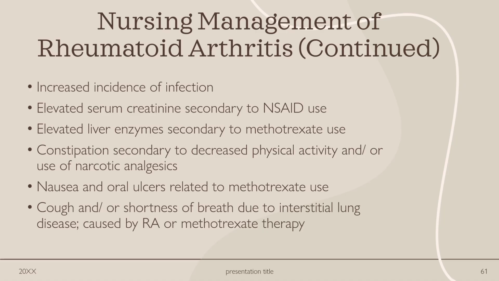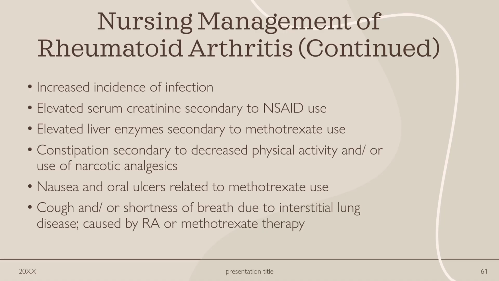Some nursing management: we may notice increased incidence of infections. And again, because of the NSAID use, the doctor will need to monitor the serum creatinine, just like in osteoarthritis. We are also going to monitor those liver enzymes secondary to methotrexate use.